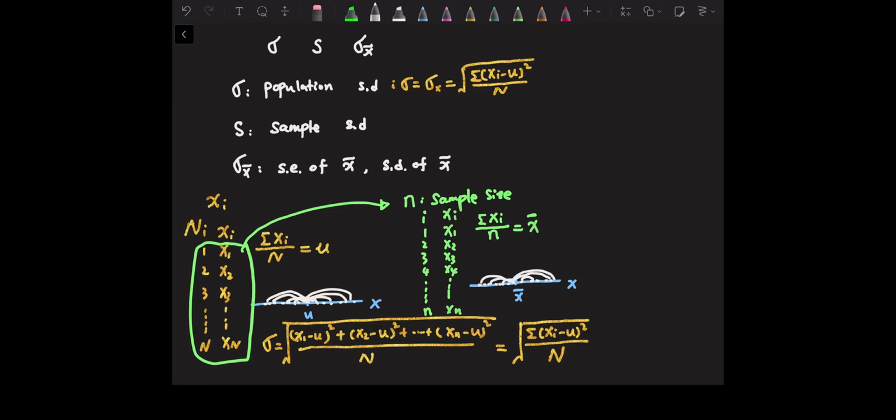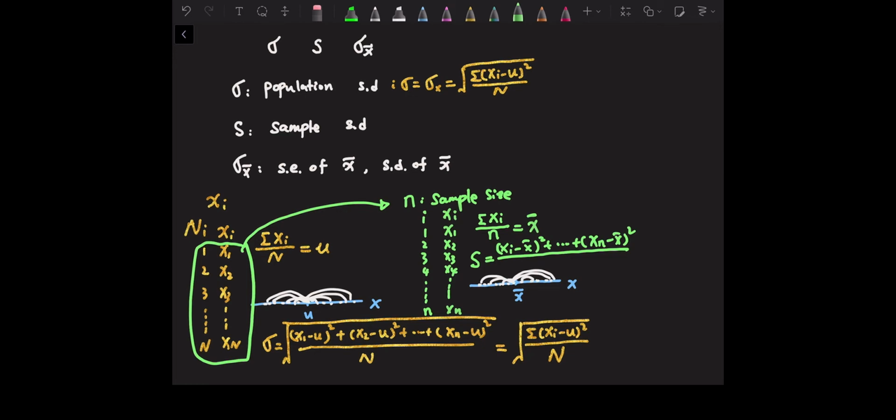Right? So mathematically, the formula to calculate sample standard deviation, we just use S equals each value of x minus its average squared, plus, up to the last value of x minus the average squared, divided by the degrees of freedom. I have a whole video talking about why here we should divide by degrees of freedom, which is n minus 1 here.